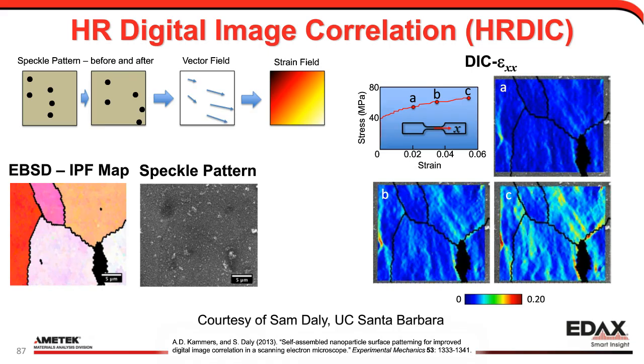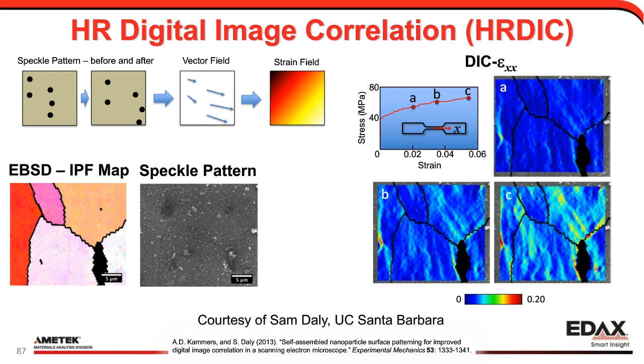And so you know how those move. So once again, you have a displacement field, and then you can turn that into some kind of intensity mapping that I'm showing here. This is courtesy of Sam Daly at UC Santa Barbara. And you can see the development of strain within the material as you go through the straining process. You can see the dog bone there, and you can see three measurements on the stress-strain curve with A, B, and C, and then the strain field that developed in the microstructure.